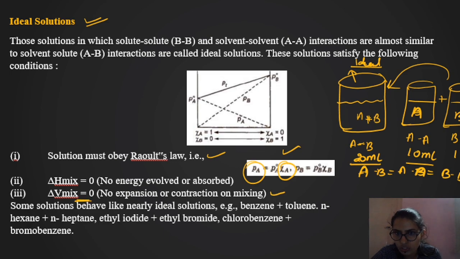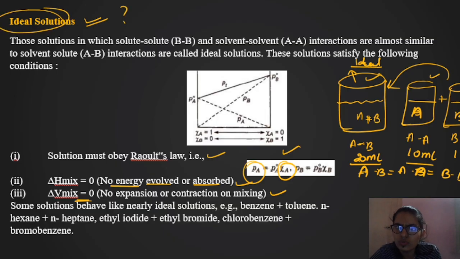There is no expansion or contraction on mixing, and no energy is evolved or absorbed. You will not see any change in energy. Even after mixing, the energy present is going to be completely the same. Such solutions are called ideal solutions.